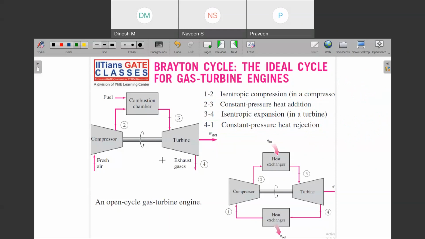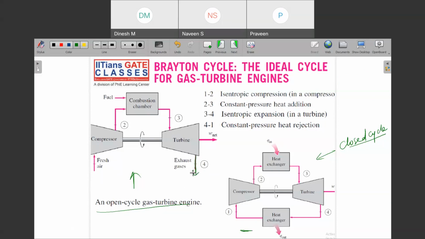Depending upon this, there are open cycle and closed cycle gas turbines. Let me help you with what open and closed cycle gas turbines are. Depending upon how you have added the heat, you name it an open cycle gas turbine or a closed cycle gas turbine. In the open cycle gas turbine, can you see that your exhaust gases are not being recirculated?